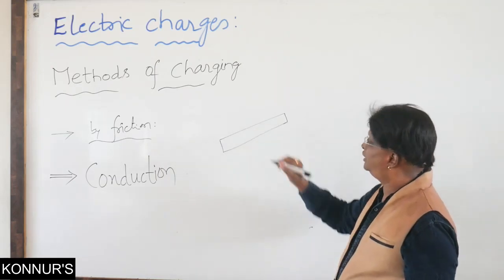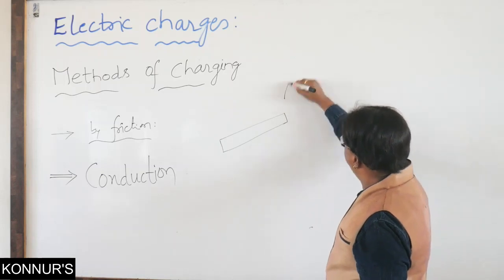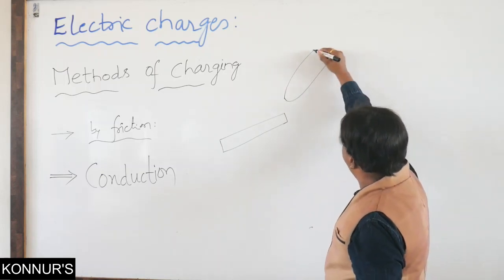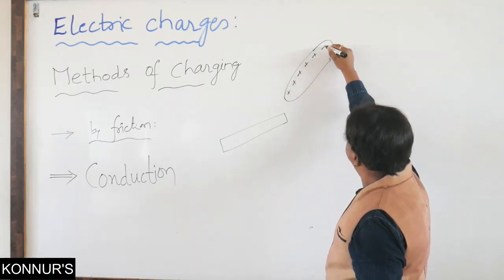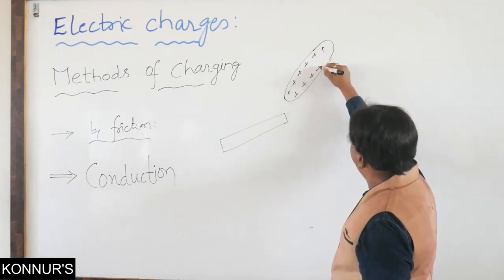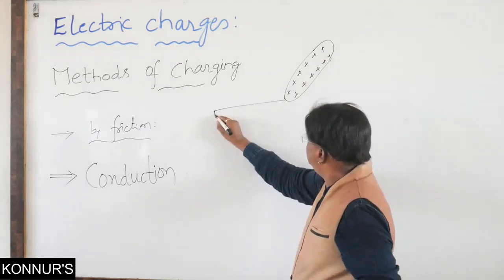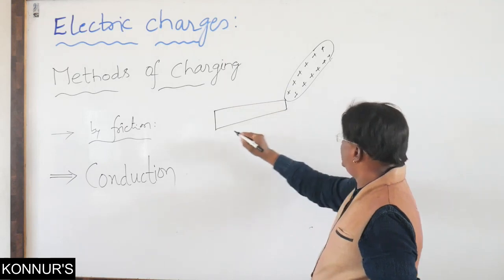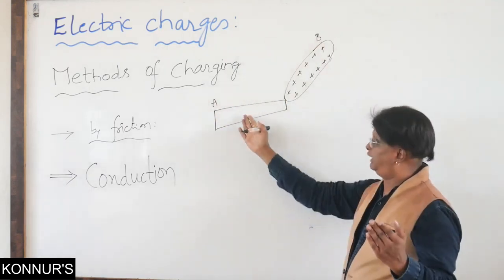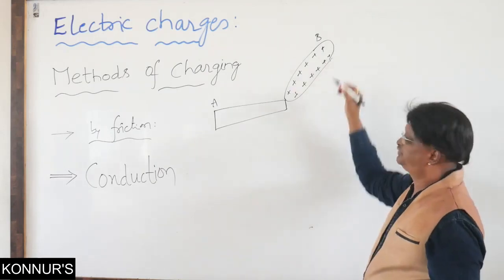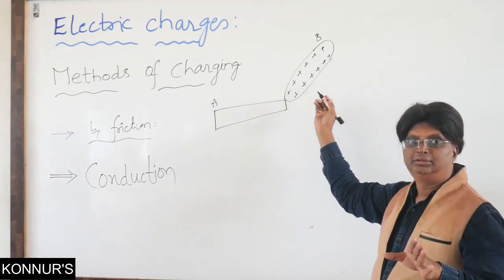Initially it is uncharged. Now here we brought another material, say another conductor, and this is positively charged. What I did is I brought it into contact. This is A and this is B. Initially A without charge, B with charge, and there is physical contact between A and B.